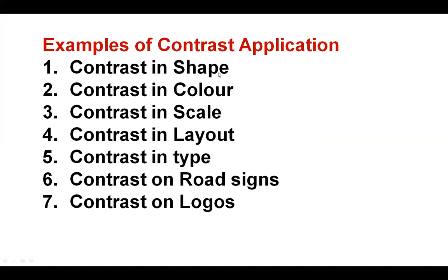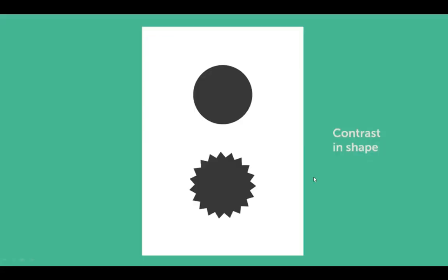How can contrast be applied in a shape? Contrast in color. When we're using color, how can we apply contrast? When we are using contrast, how can we apply it in scale? Contrast in layout, contrast in type, contrast on road signs, and contrast on logos. The very first one is contrast in shape.